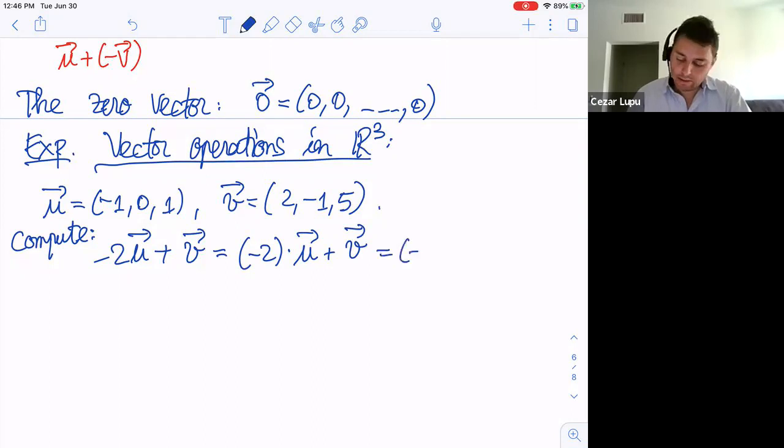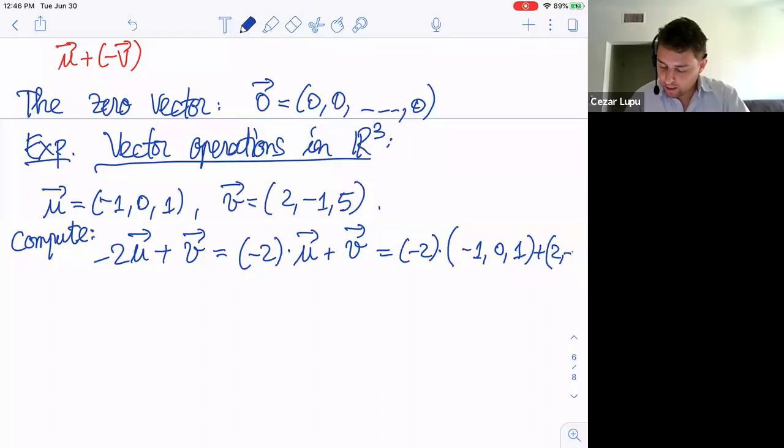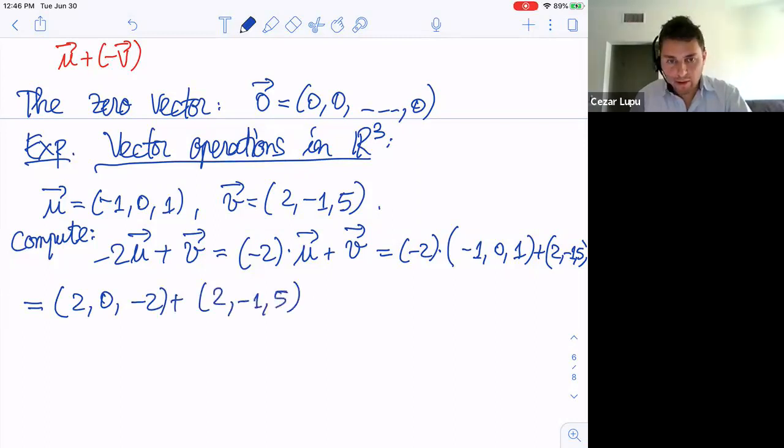So this is -2 times the vector U, -1, 0, 1, plus the vector V, which has the components 2, -1, and 5. So this will be 2, 0, -2 plus 2, -1, and 5. As somebody says here, as Neil says, it is 4, -1, and 3, correct.